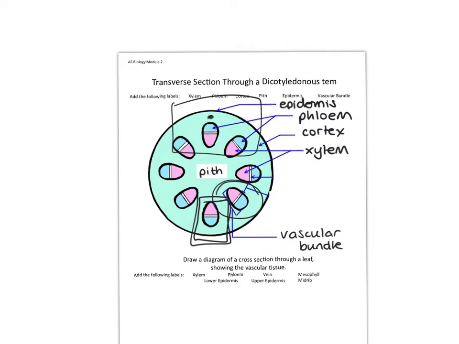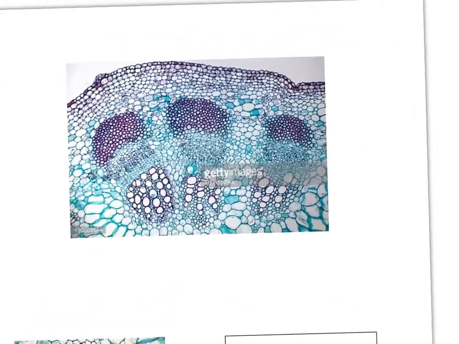So if we look at this diagram on the next page, this is taken from the top of that diagram you have. You can see each of those is a vascular bundle. Now you don't need to draw that. What we'll do is add some labels. So I suppose we should say this is a transverse section of the stem.